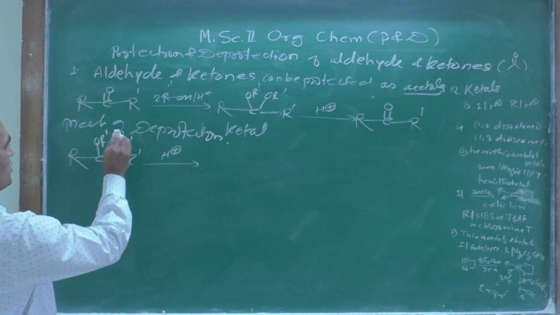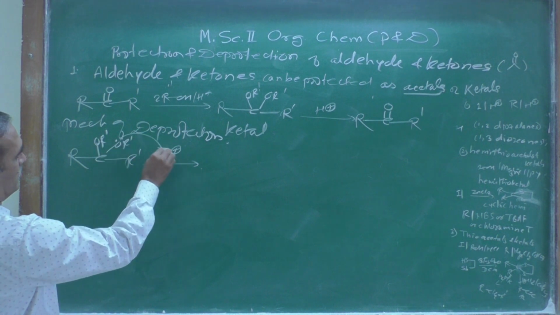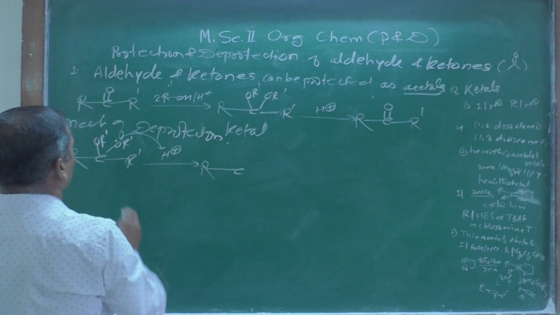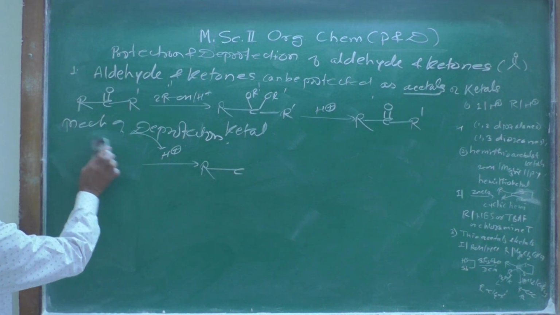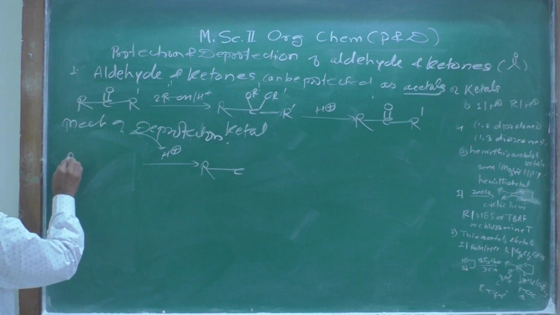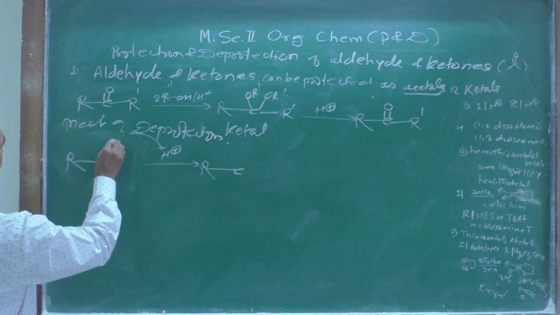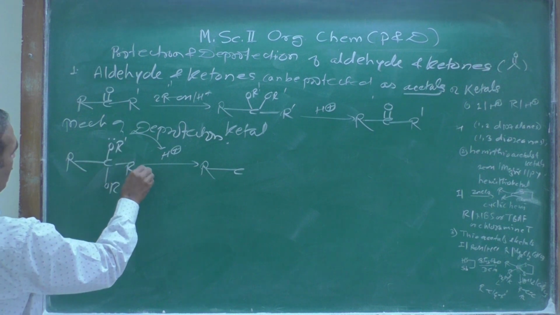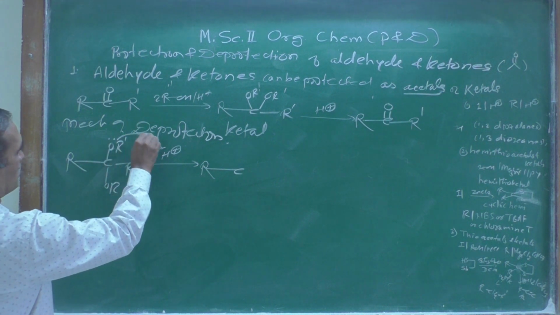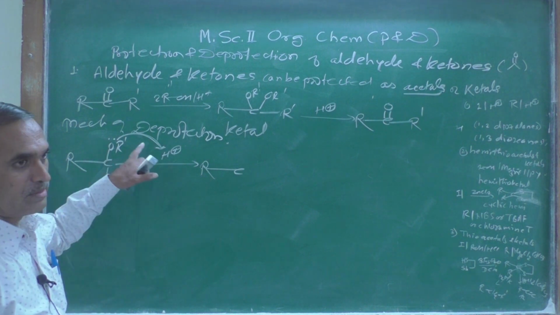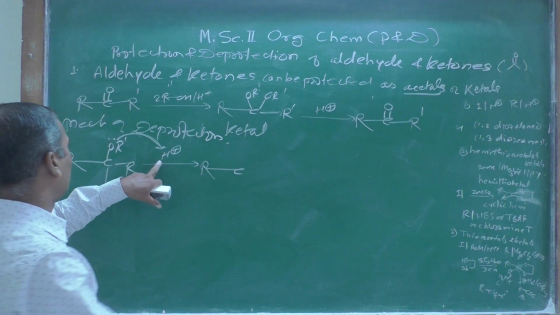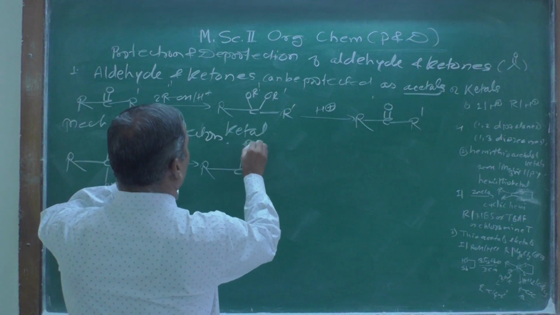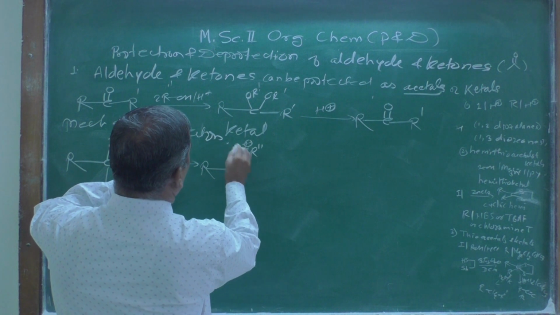The lone pair present on that oxygen atom picks up a proton. For the sake of convenience, let me draw this properly here: OR' and here OR, and this lone pair attacks the proton. You are going to get O+R'' with the positive charge on it.